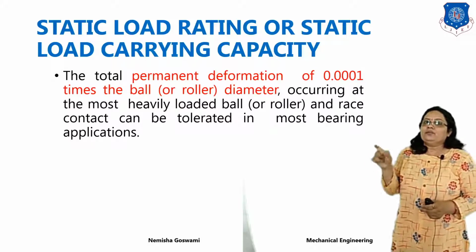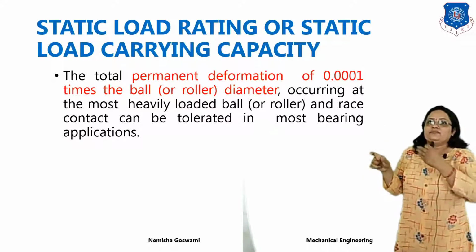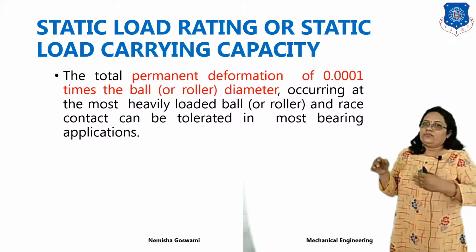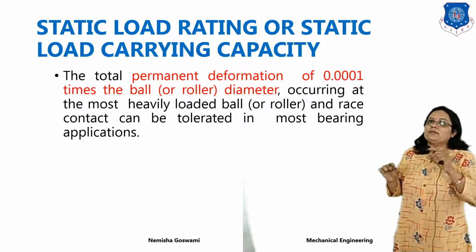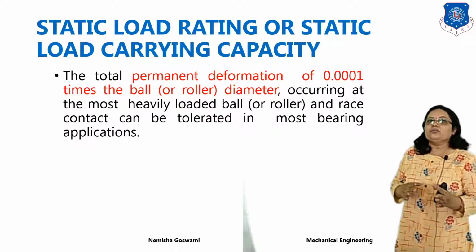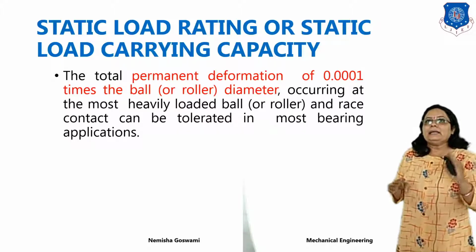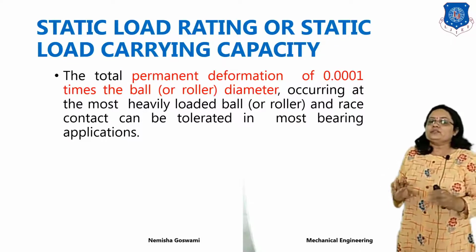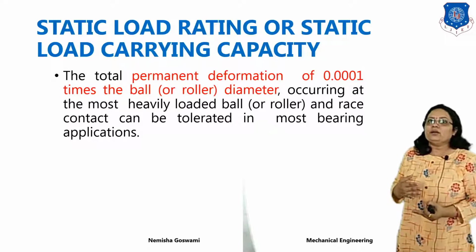For example, if the ball diameter used inside your bearing is 10 mm, then deformation is equal to 0.0001 multiplied by 10 mm. This is your permissible condition.